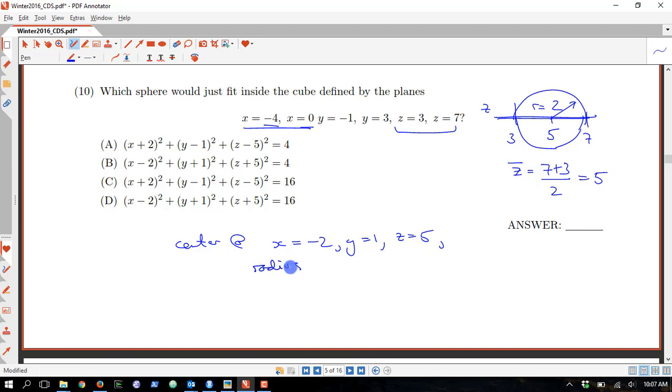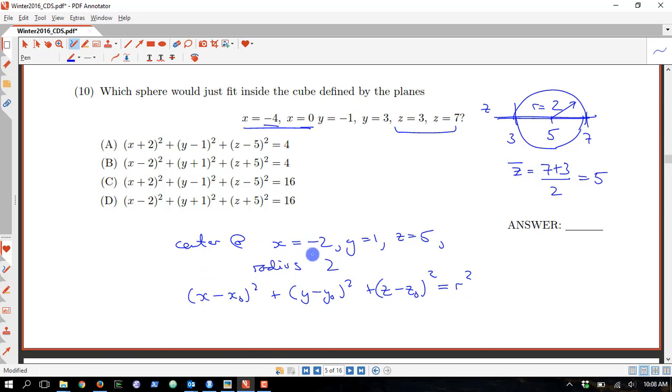Then all we have to remember is that the formula for a sphere is like Pythagoras, except we have a z as a third component: x distance squared plus y distance squared plus z distance squared equals r squared. And the key thing is the negative in here.